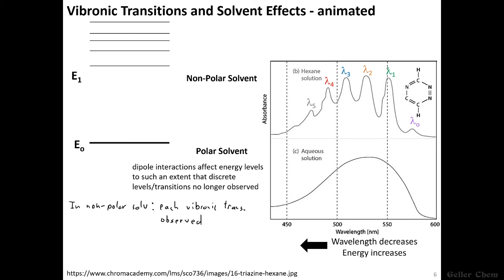But in polar solvents, it's usually a broadened hump. But the highest point should still match the strongest vibronic transition.